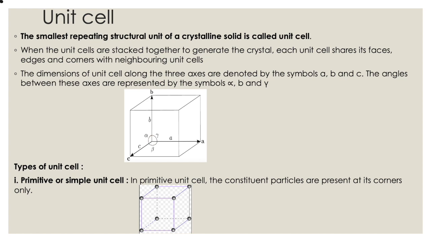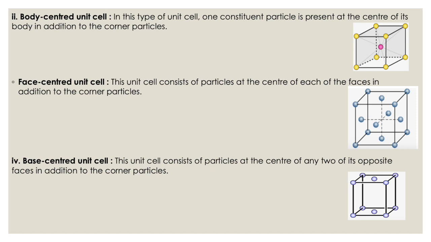Types of unit cells. The first is the primitive or simple unit cell, which has all the constituent particles at its corners only. Next is the body centered unit cell. In this type, particles are present at the corners like the primitive one, but one additional particle is present exactly in the center of the body.